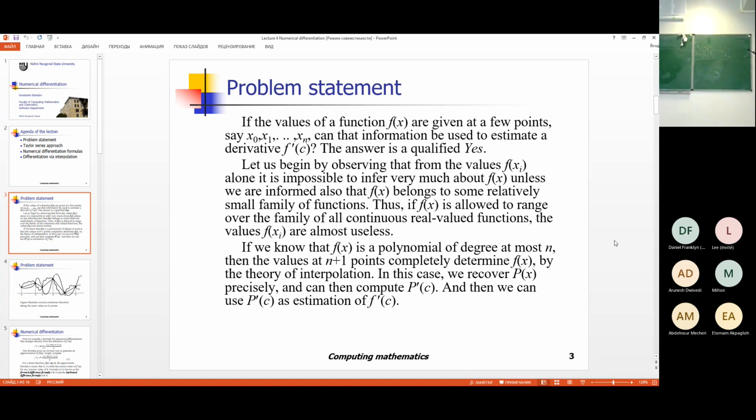And we know the values of the function only at these points, f0, f1, f2, and so on. And the question is, can we use this information to find the derivative f prime c, f prime at some point c.